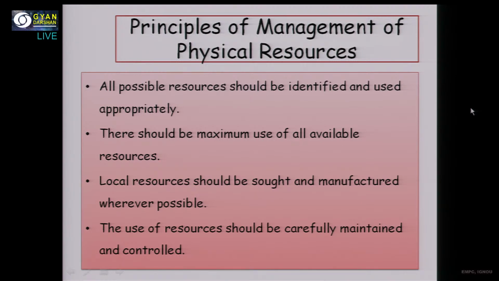Secondly, there should be maximum use of all available resources. Sometimes there are many resources, for example the old furniture and the new furniture. Whether they are utilized in a proper way, and whether there is scope for repairing the existing furniture and then utilizing it, that step also should be taken into consideration.